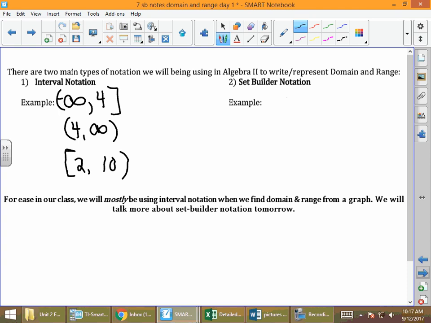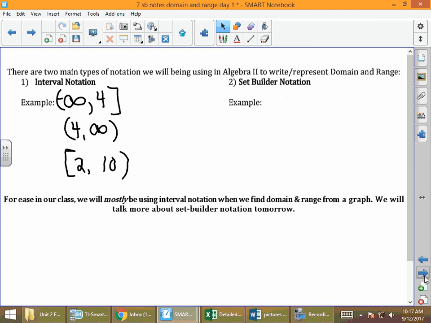Remember, infinity always has a parentheses, and the number might have a square bracket. A square bracket means that it is included in the answer, and a parentheses means that it is not included in the answer.